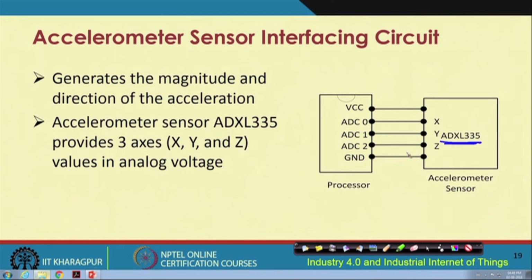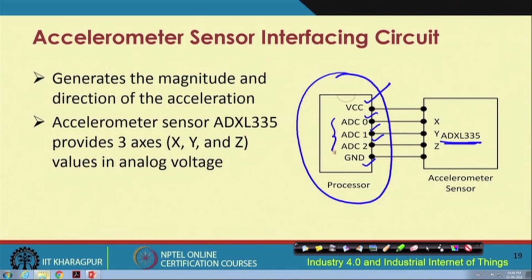These accelerometer sensors are connected to a microcontroller in this manner. The first one corresponds to the VCC, the maximum voltage of operation. Then you have these ADCs, ADC 0, 1, 2 and the ground, and these are the ones which will be responsible for actually carrying the data.